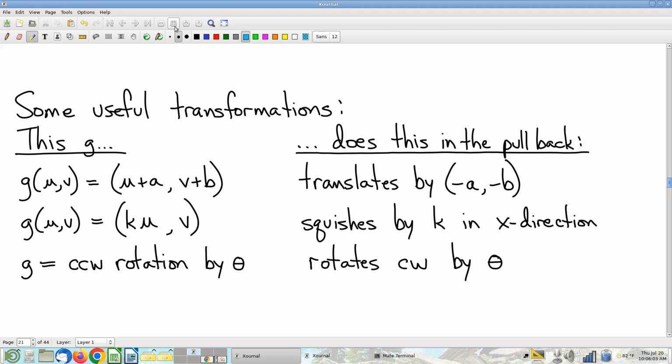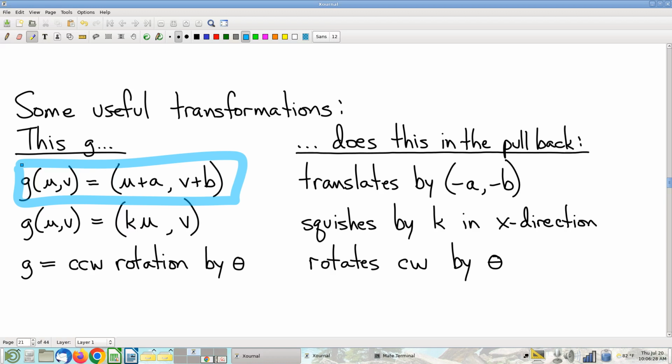Just keep in mind we are pulling back, not pushing forward, so there's an oppositeness. In particular, if you use a change of variables function where you add a comma b to all the points as you go from left to right, when you pull back, that's going to undo what the g function does.